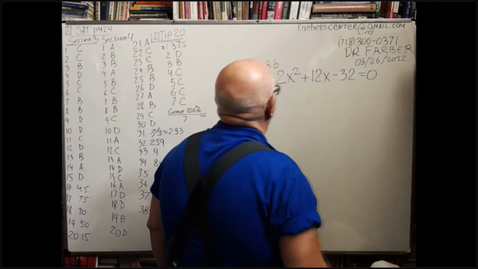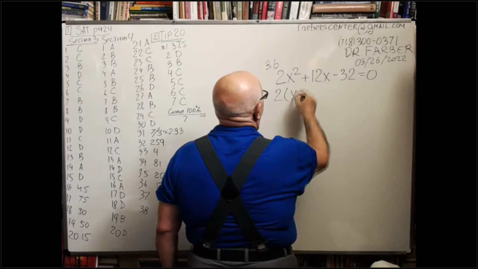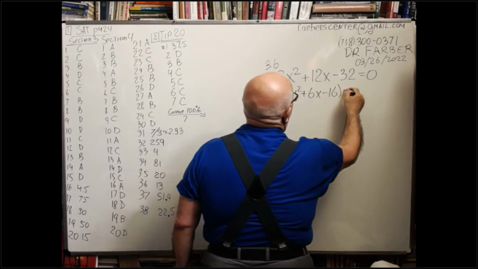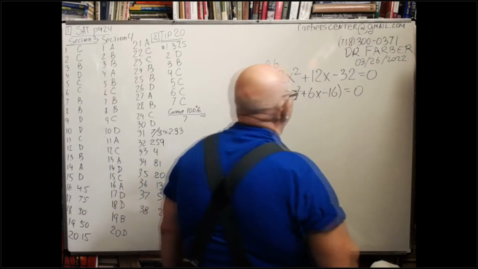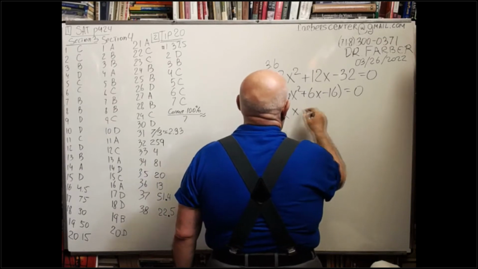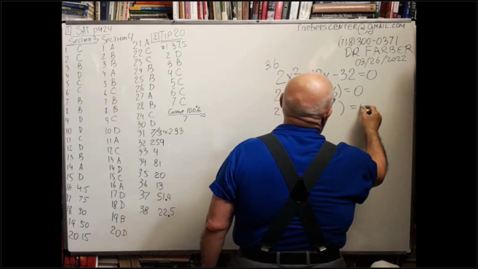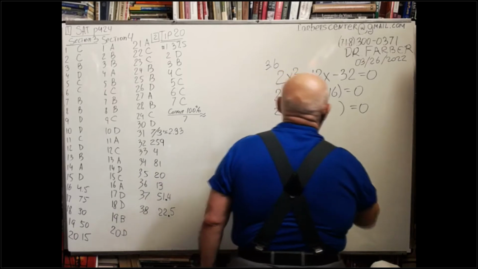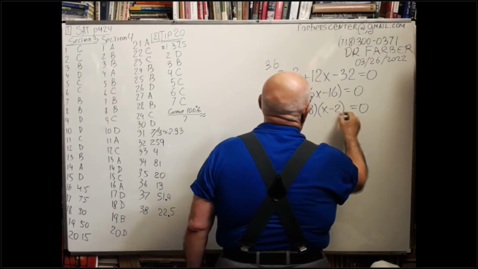You can do a few different ways. For instance, factorize: 2x squared plus 6x minus 16 equals 0, or 2 times (x plus 8)(x minus 2).